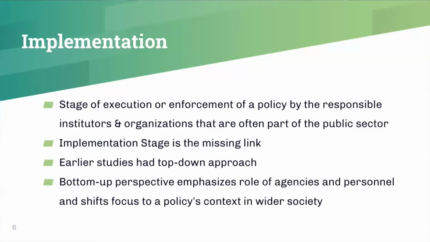Hargrove theorized that implementation was the missing link because before, the study of policymaking really didn't look at what happens after a bill becomes law. It sort of ended once government passed a law. The aftermath was not really perceived as the central problem. But now implementation has become the central field of policy research.